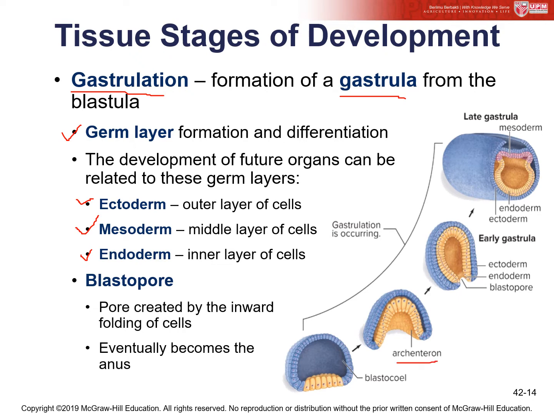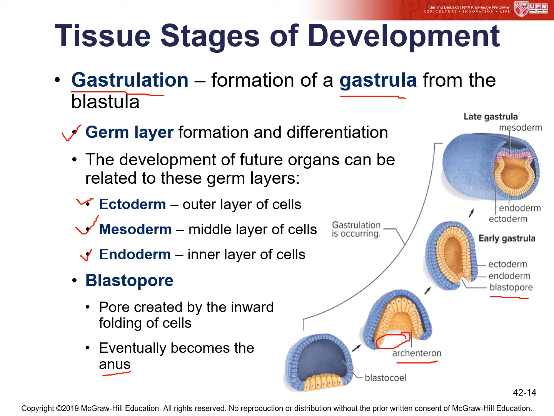Archenteron is a primitive gut, and this hole will start getting smaller. This kind of opening we call the blastopore, and this blastopore actually will become our anus.